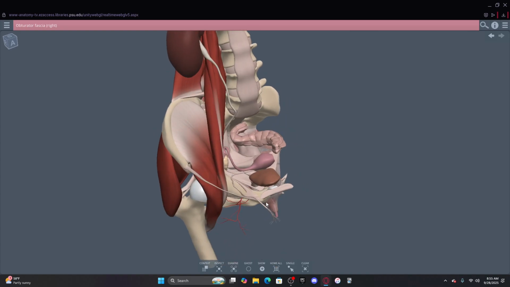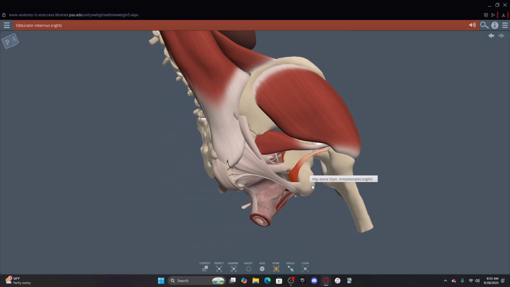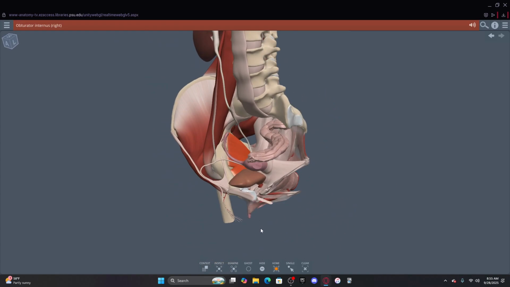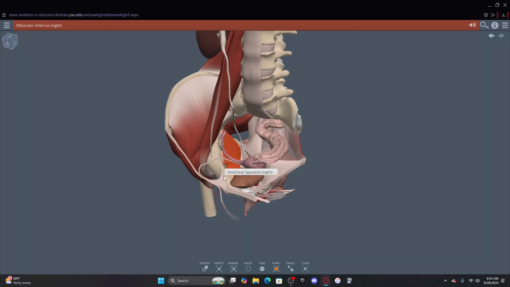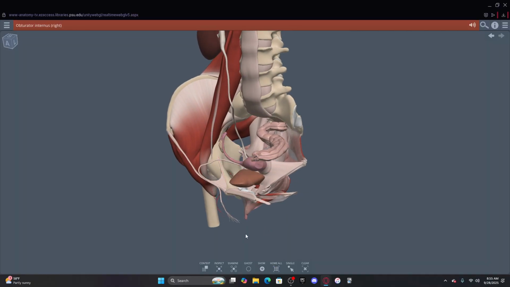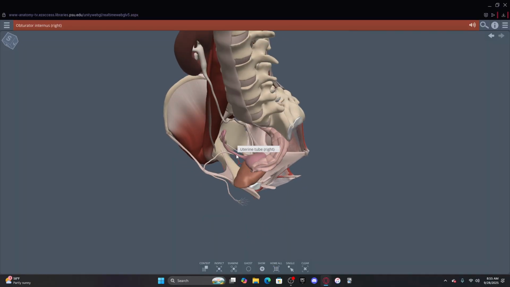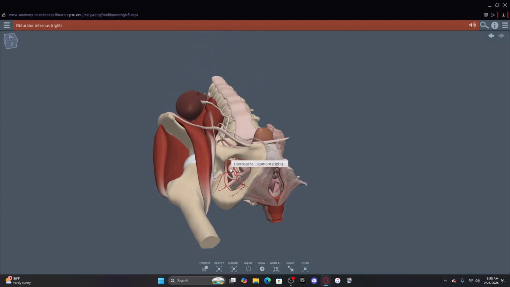There we go. Okay, perfect. So we see the obturator internus. You see it coming all the way around and covering the obturator foramen, right? So if I were to remove this, I literally see the obturator foramen right here. So this is the obturator foramen. You can see the obturator artery being here.